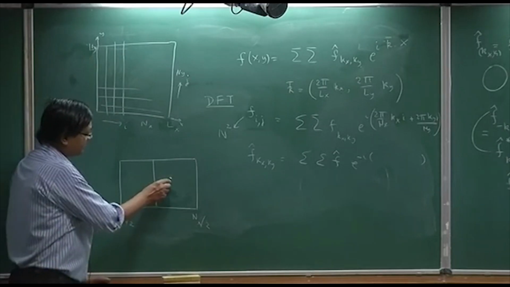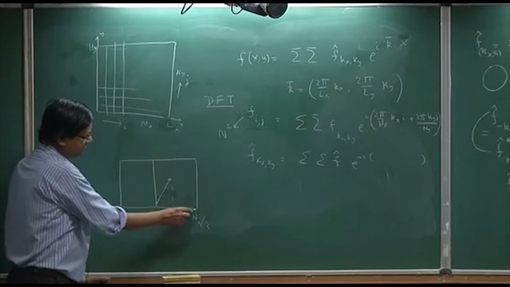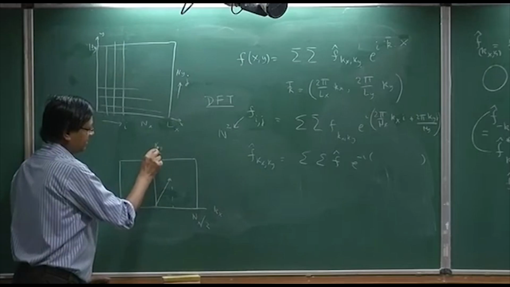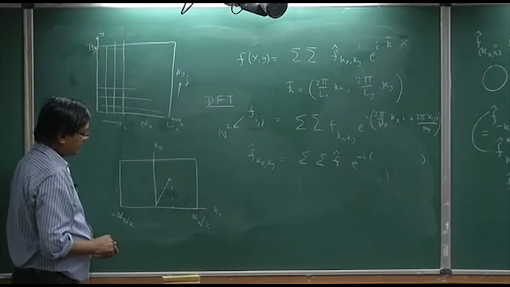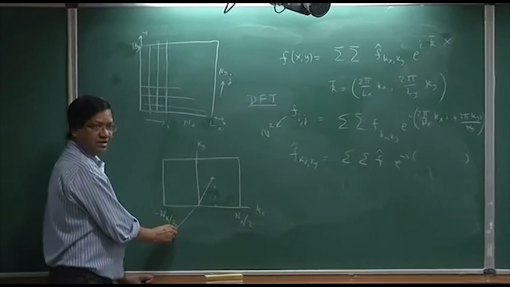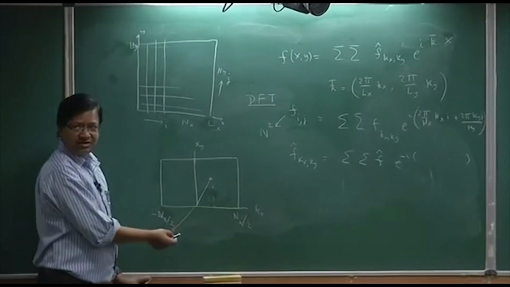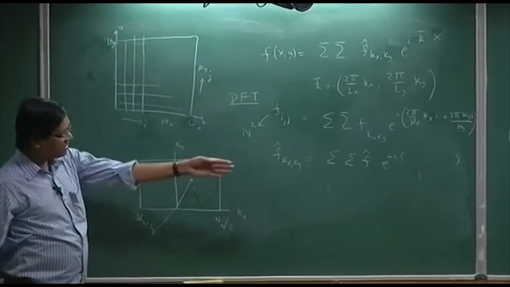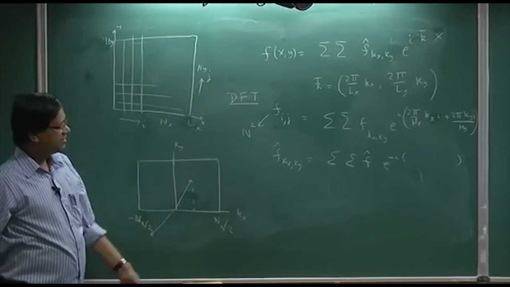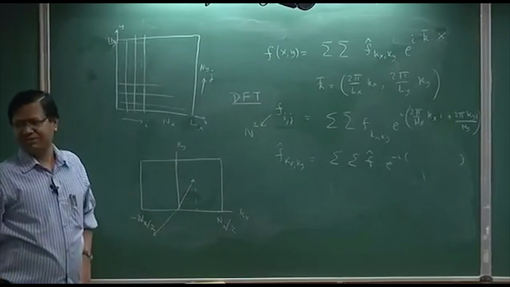Now, if there is a wave number like this, with component kx and ky, then there must be a number somewhere here which is minus ky and minus kx, correct. So, you do not store it because that is the complex conjugate. So, we do not store anything which has negative ky.